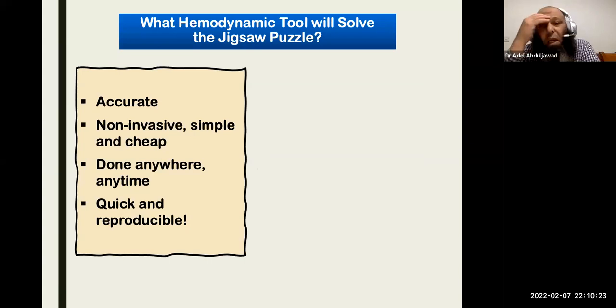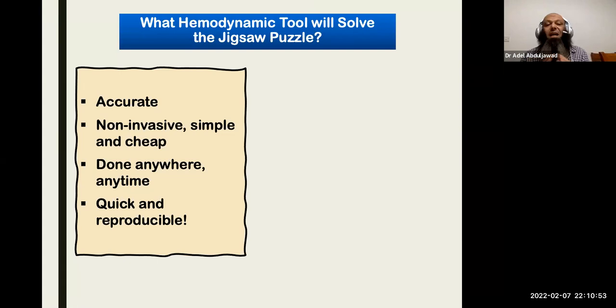Okay, to solve the hemodynamic puzzle, you have to put criteria for this hemodynamic tool. You have different tools in your hand, either non-invasive or invasive. But this tool should satisfy you with some accuracy, should be non-invasive, simple, cheap, done anywhere, anytime, quick and reproducible.